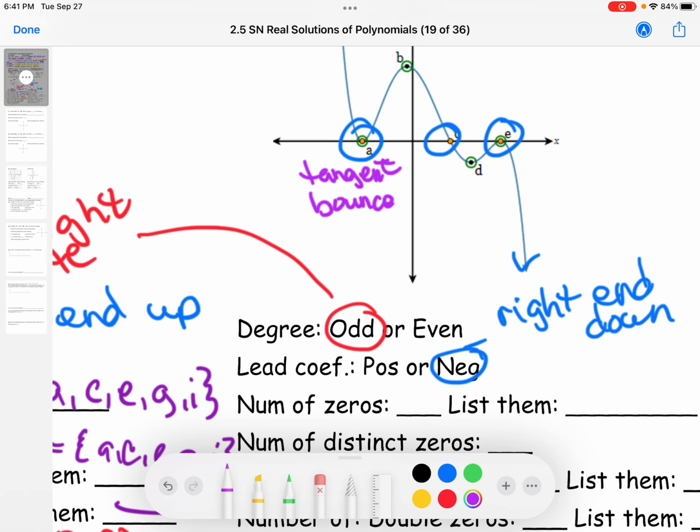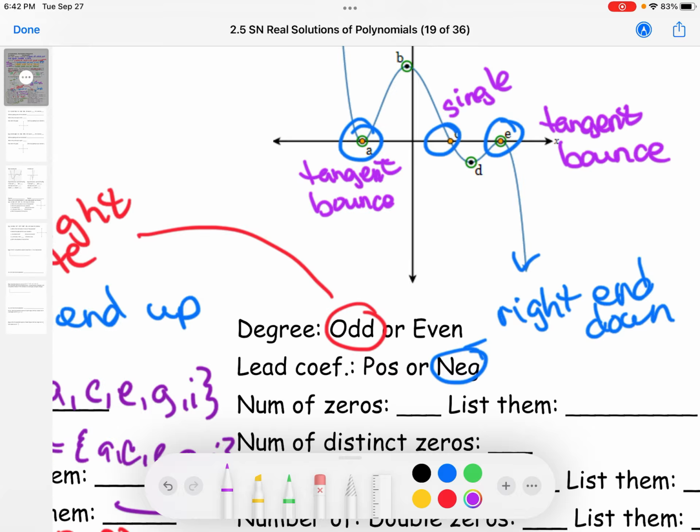So it looks like, because of that bounce, that counts as 2 roots. The point at C here is a single, just goes clean through the x-axis. And E is another place where we have a tangent bounce or a double root bounce. So that also counts as 2 roots, 2 degrees.